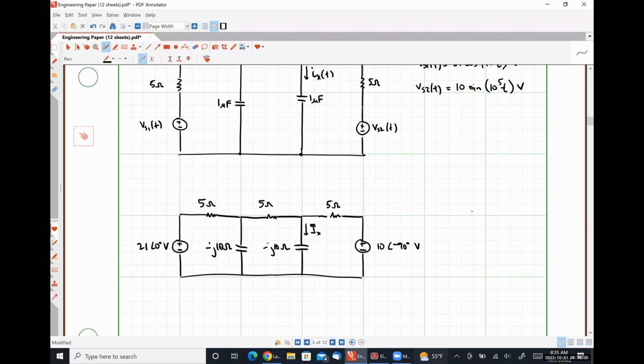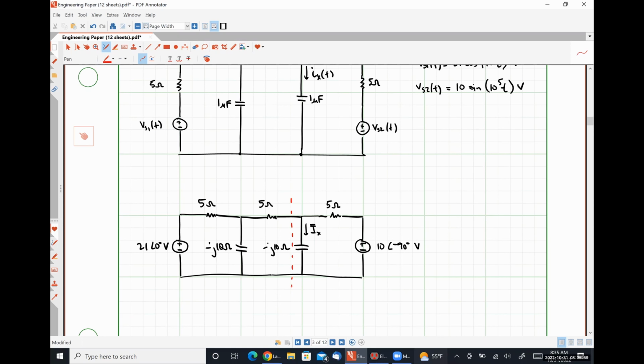And so what I mean is I'm going to draw a dashed line here. We're going to disconnect everything to the left of that dashed line, find the Thevenin equivalent, and then replace it. And that would vastly simplify the network that we're looking at.